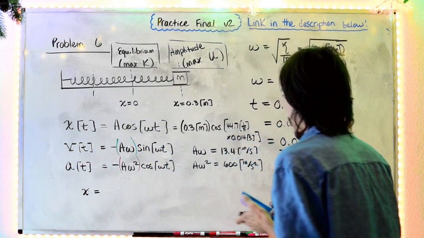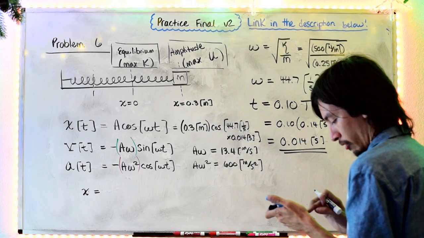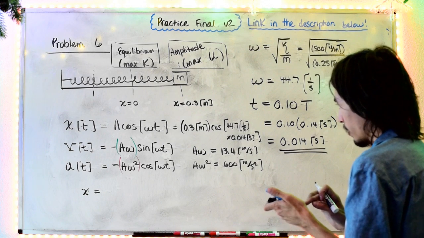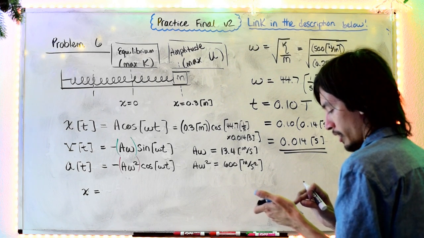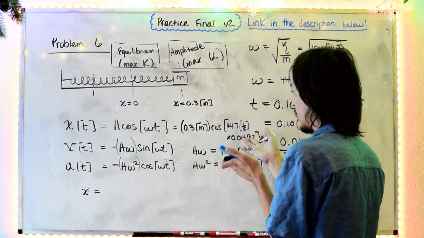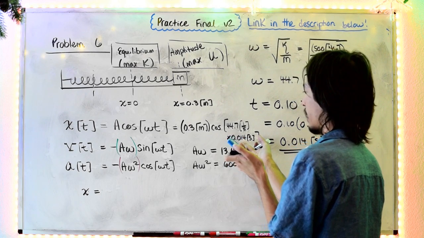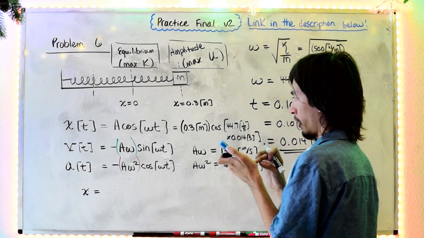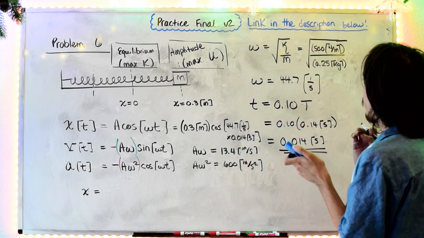X equals cosine 44.7, 0.014. Okay. Cosine of that times that, and then times 0.3, 0.29.